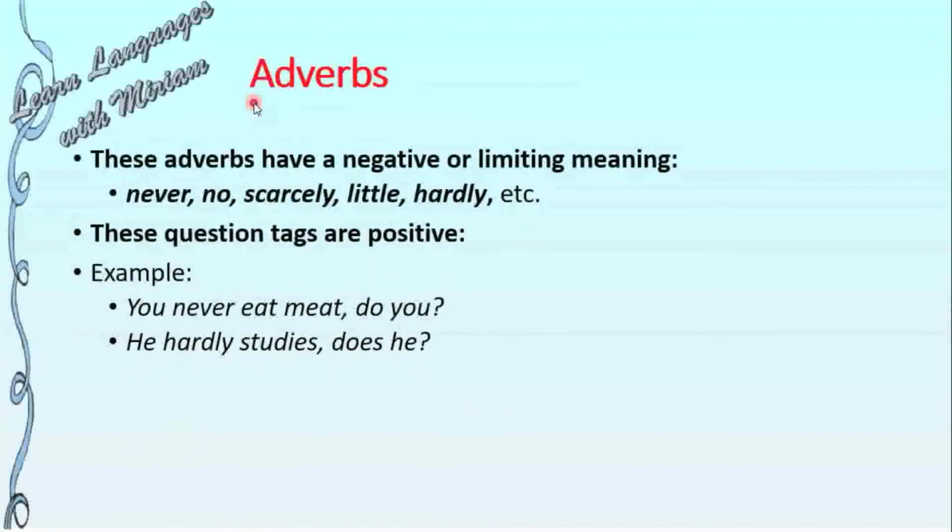With adverbs: these adverbs have a negative or limiting meaning, for example never, no, scarcely, little, hardly. When we use these adverbs, the question tags are positive. For example, you never eat meat, do you?